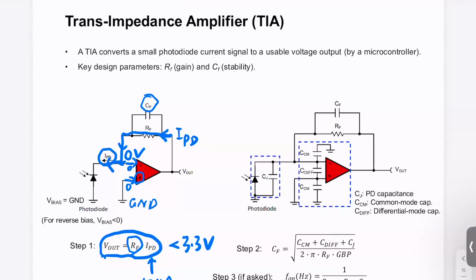Your CF will equal this, where the denominator is your input capacitance, and we have 2 pi RF, which is your resistance, and GBP, which is your gain bandwidth product. All these parameters can be found in the datasheet. By using these two formulas, you should be able to design your TIA.